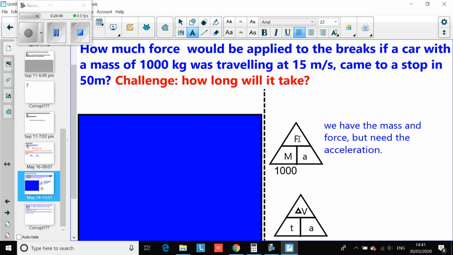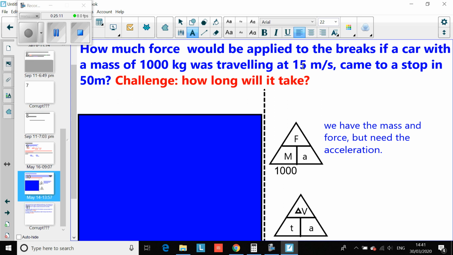Okay, let's see what else we've got to work with. Now, we could possibly work out the acceleration if we know the velocity or the change in velocity and the time. Okay, now this is where it starts getting a little bit tricky. Now, do we have the change in velocity? Well, a car was travelling at 15 meters per second and it came to a stop.